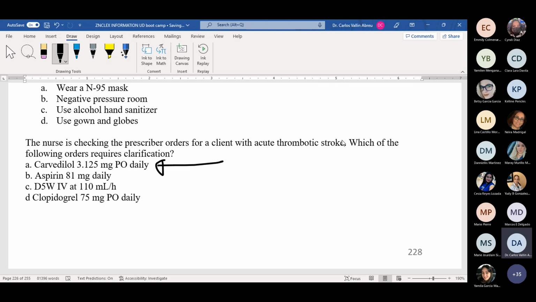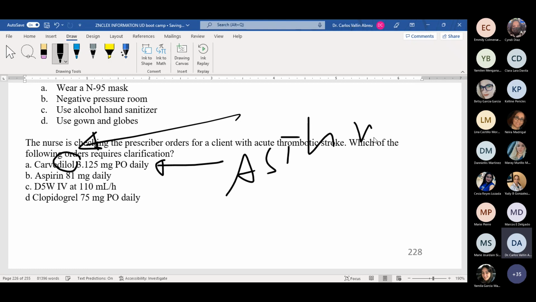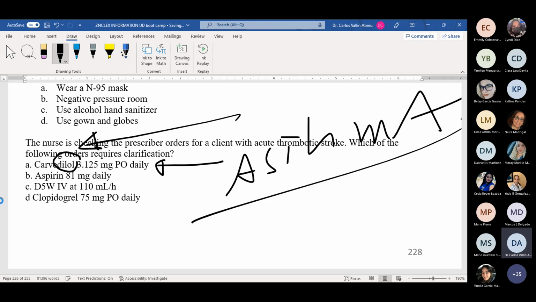The only contraindication I could see for a beta blocker is asthma. Asthma is a contraindication of using a non-selective beta blocker. It is in NCLEX: which one is the contraindication of using a beta blocker? Asthma, because beta blockers produce bronchoconstriction.